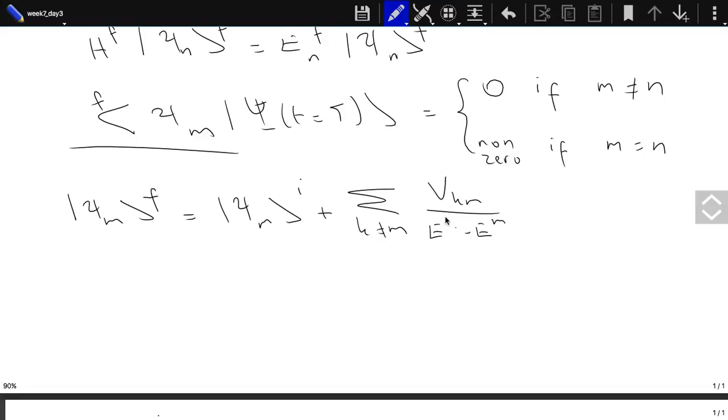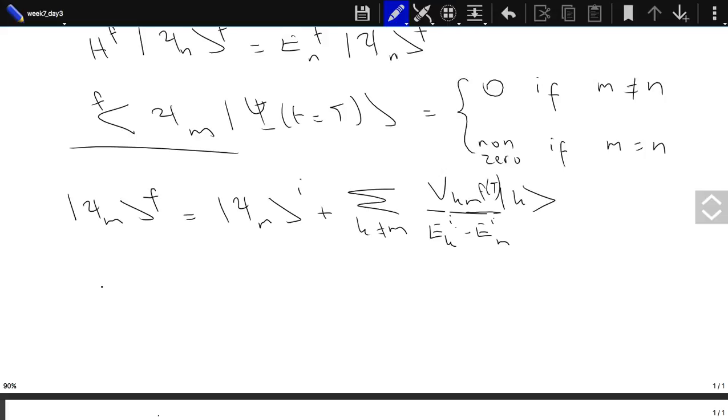These are all energies of the initial Hamiltonian. And of course here we also have f of T, which is nothing but 1. So these are the eigenstates at the later time T.